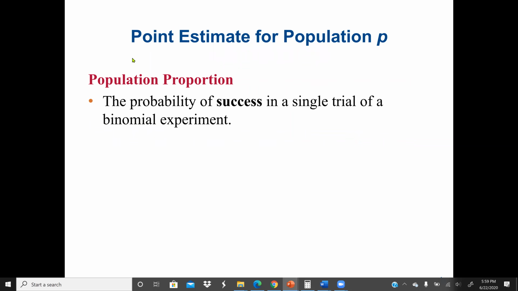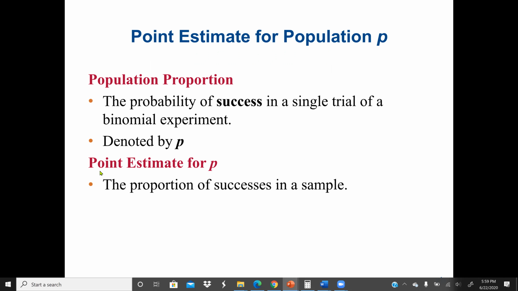So here we start with the point estimate for the population proportion. Now, what is a population proportion? Here we say it is the probability of success in a single try of a binomial experiment. So the keyword is again single try of a binomial experiment. It's denoted by the letter P. Next we can find the point estimate for P, the population proportion, and this will be the proportion of success in a sample.